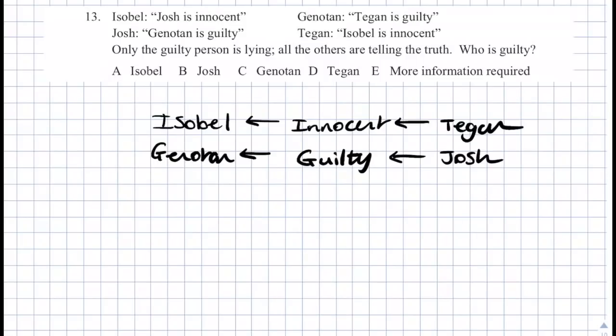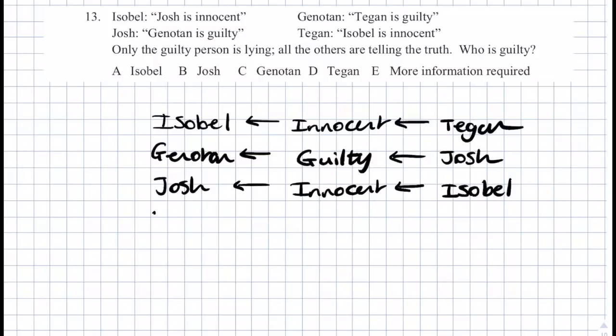But of course, Josh or Tegan may be lying, so we don't truly know, but someone has said that he is guilty. And then Josh has been said to be innocent by Isabel. And then the last person is Tegan, who is said to be guilty by Jennerton.